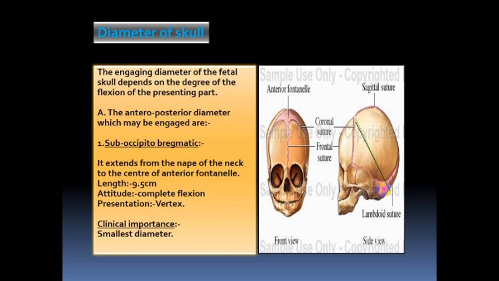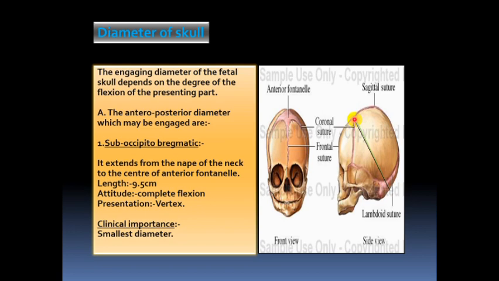the presenting diameter is suboccipitobregmatic, which represents the diameter extending from the nape of the neck up to the center of the anterior fontanelle, or the bregma.